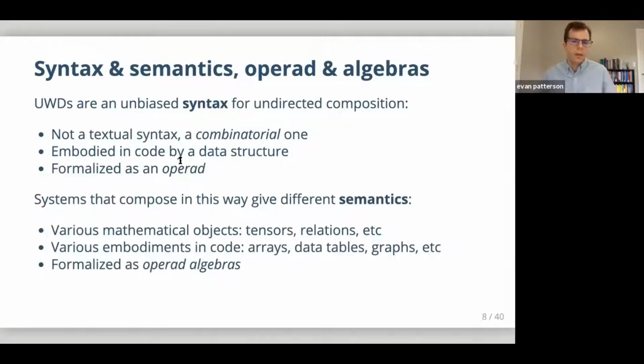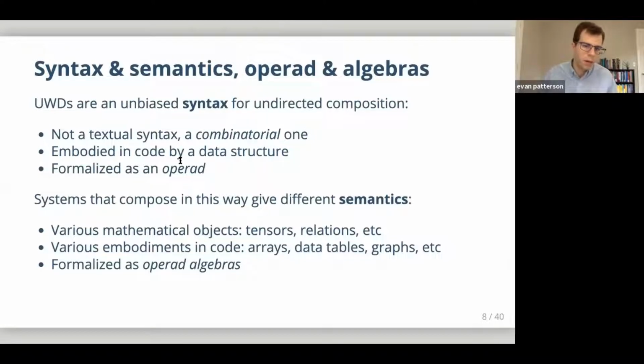Okay, so undirected wiring diagrams, or UWDs for short, are an unbiased syntax for undirected composition. Unlike the textual syntax that you find in most of math and also in programming, this is a combinatorial syntax. You draw it as a picture, but it is really a combinatorial structure. As a result, it's embodied in code by a data structure, and mathematically, it's formalized as an operad.